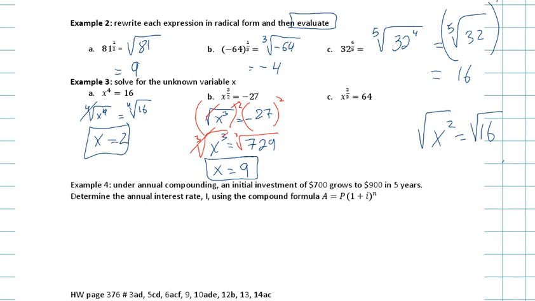Because if you think about it, 4 squared gives you 16, and negative 4 squared, what is it going to give you? 16. So technically, when I take the square root, there are two answers that satisfy it. And that's only for even exponents, not for odd. For odd, it doesn't work. For even exponents, I'm going to have two answers.